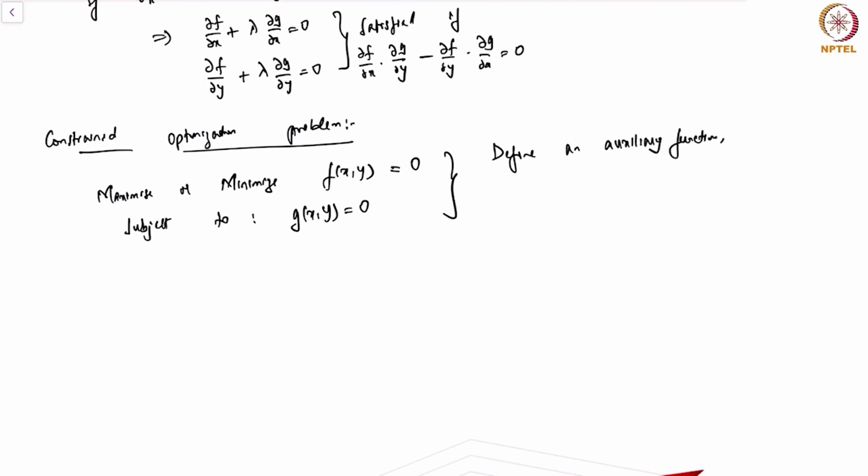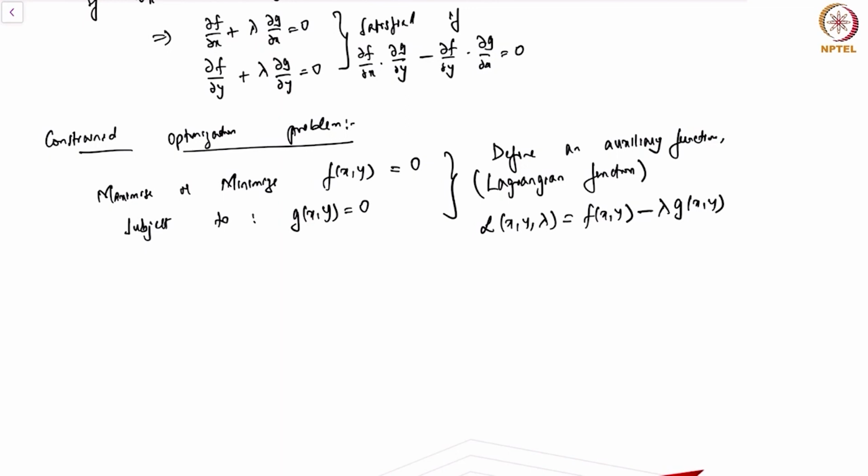You can also call it the Lagrangian function. This is sometimes referred to as a Lagrangian function. This Lagrangian function is now a function of three variables, which is f of x comma y minus lambda g of x comma y. As I already said, the sign before lambda is not very important.